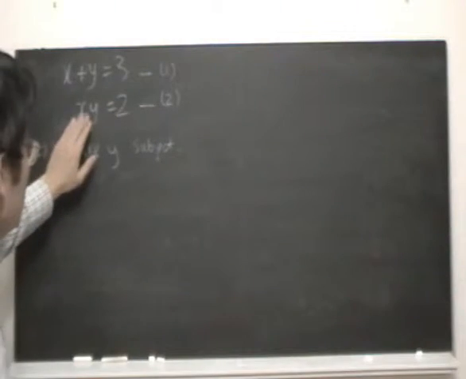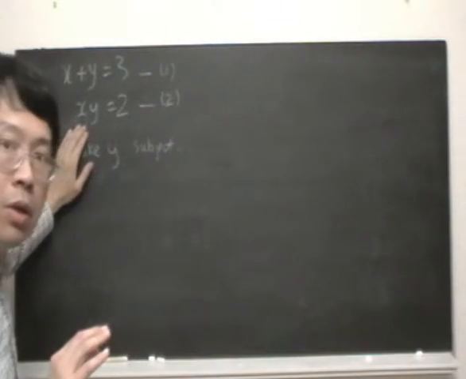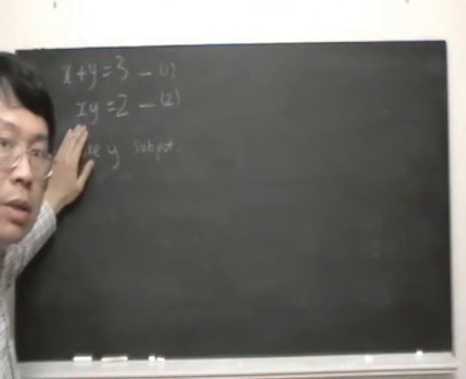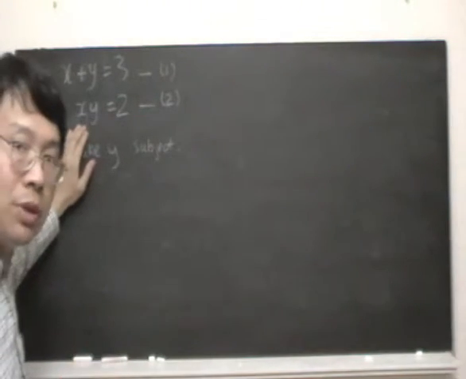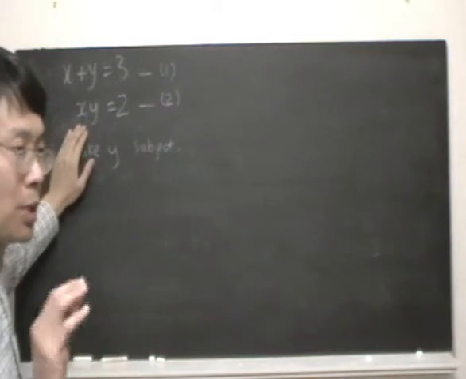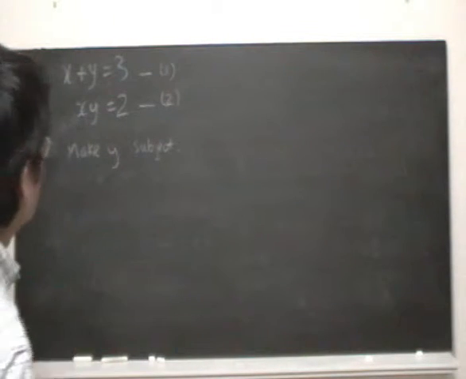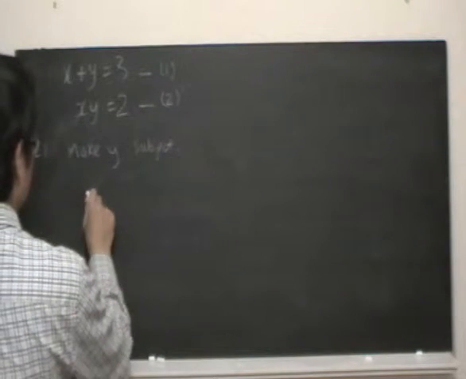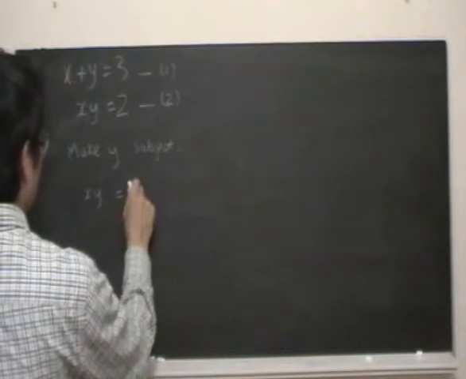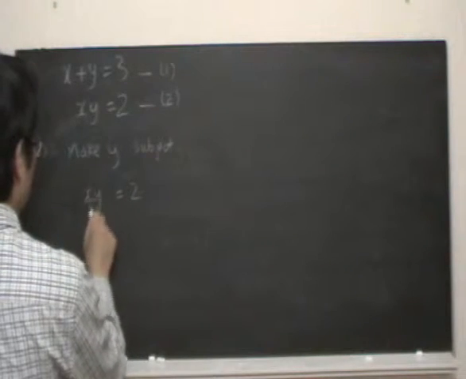In this case, we have x times y on the left side. So we want to get rid of the x. To do that, we divide both sides by x. Let me write that down again. So I'll divide both sides by x.